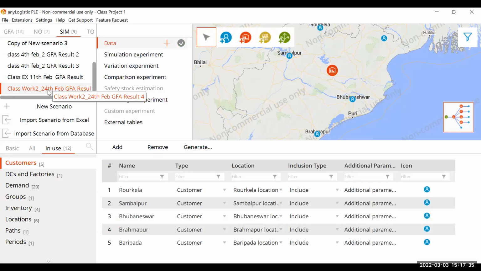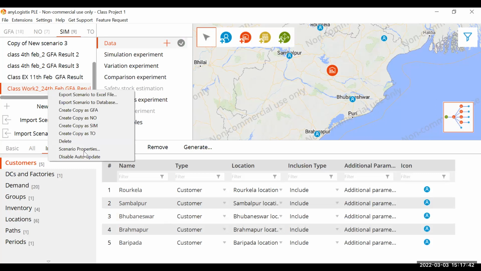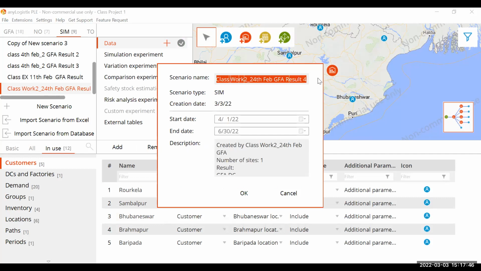So class work 24th version, GFA. I'll rename it. Simulation one.